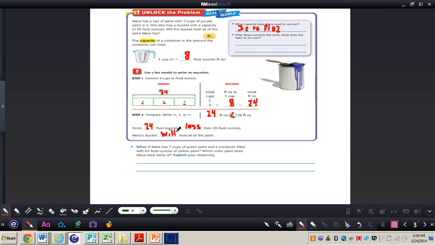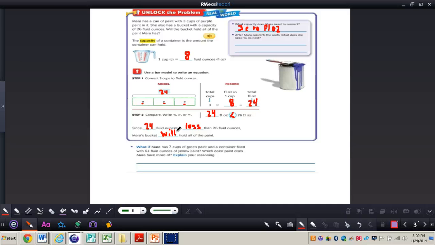Now let's think about a what-if question. It says, what if Mara has 7 cups of green paint and a container filled with 64 fluid ounces of yellow paint? What color paint does Mara have more of? We're going to explain our reasoning. First, we need to figure this out.